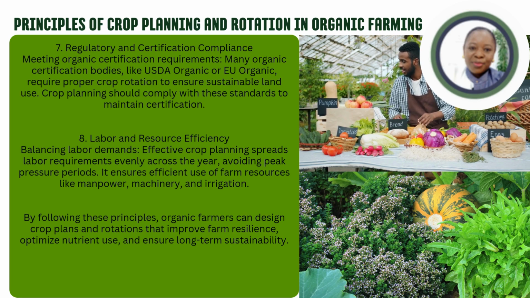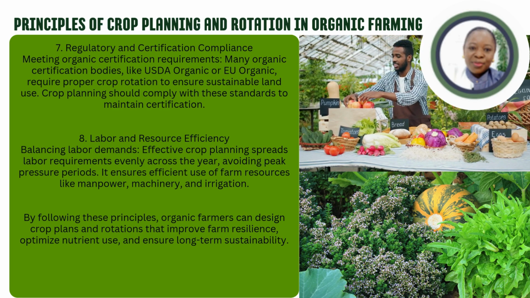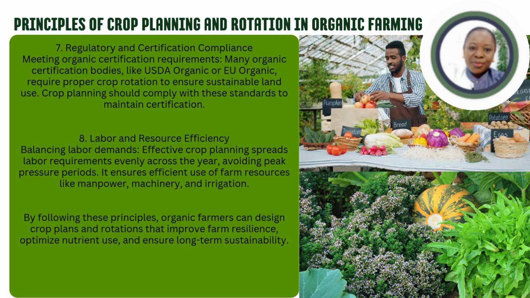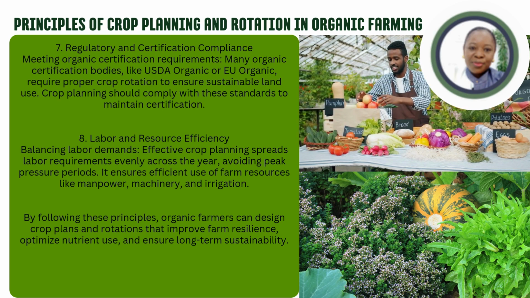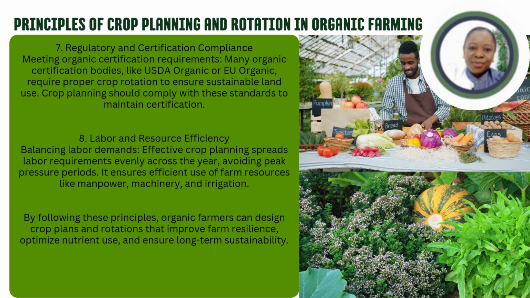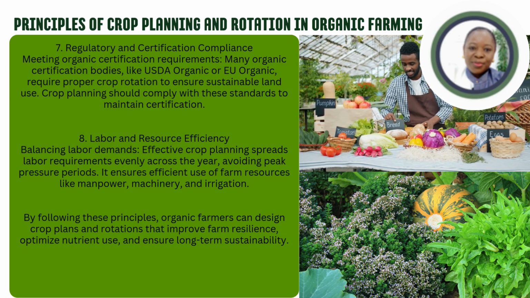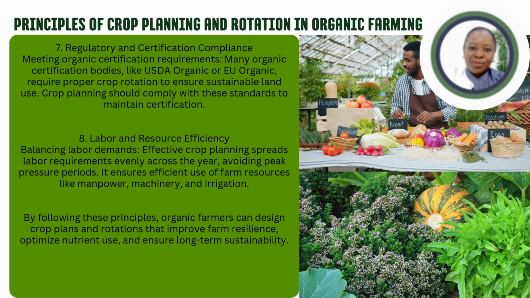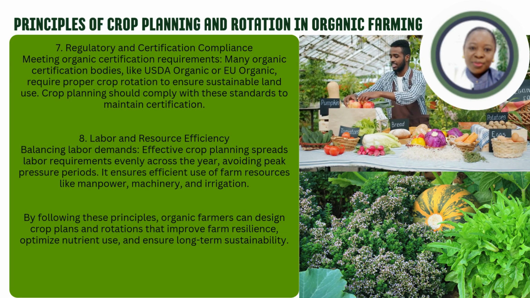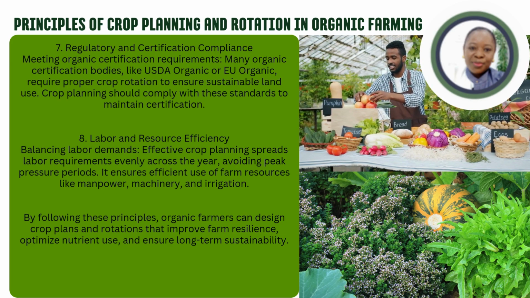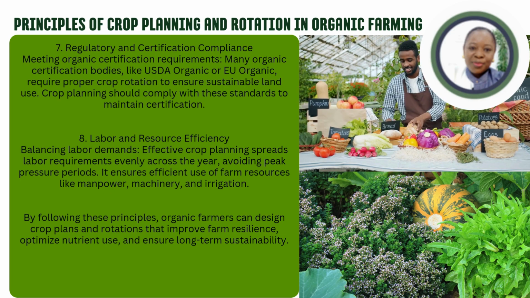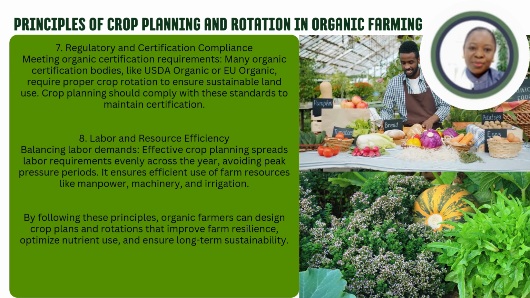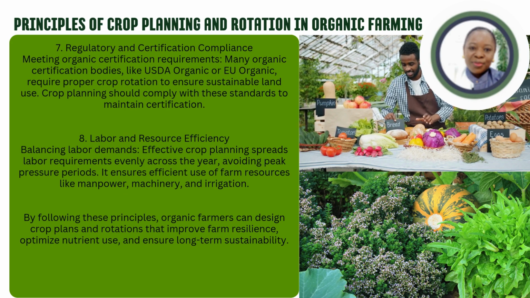Crop planning should comply with these standards to maintain certification. 8. Labor and resource efficiency. Balancing labor demands. Effective crop planning spreads labor requirements evenly across the year, avoiding peak pressures. It ensures efficient use of farm resources like manpower, machinery, and irrigation.